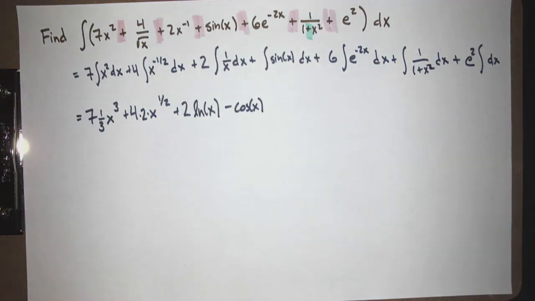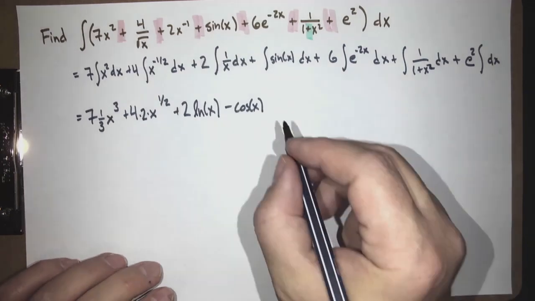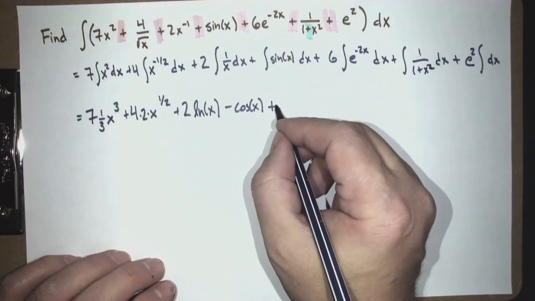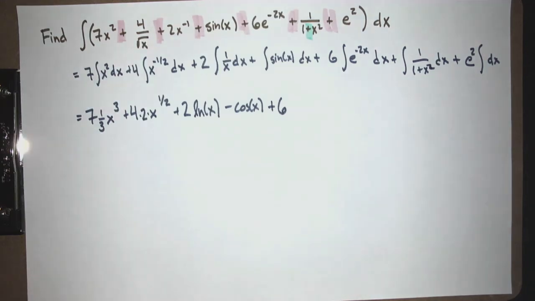Okay, now we get to one that's interesting. The integral of e to the minus 2x. How do we handle that? Do we have the technology for that? I claim we do. So what rules do we need?